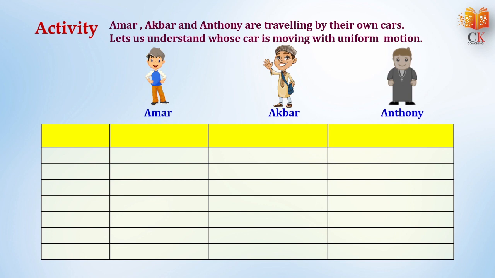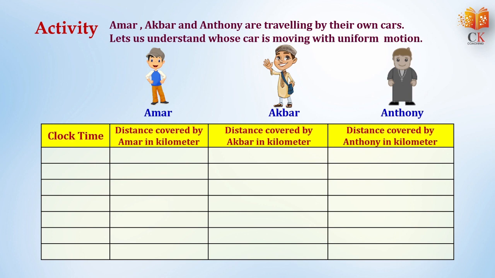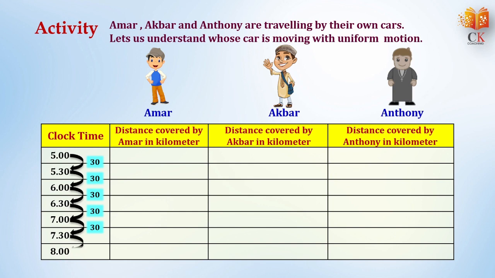So we'll be filling up the table with the clock time and the distance covered by each one of these. The clock time was 5, 5:30, 6, 6:30, 7, 7:30 onwards till 8. If you observe the time lapse, each time interval is an equal time interval with a gap of 30 minutes, because to define both uniform and non-uniform motion, we'll be considering equal intervals of time.